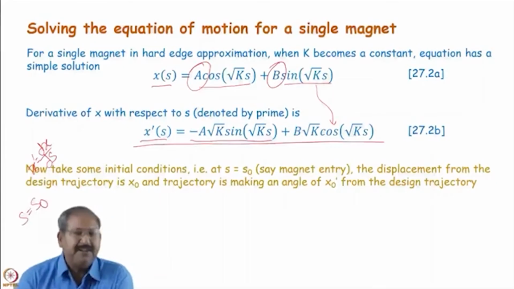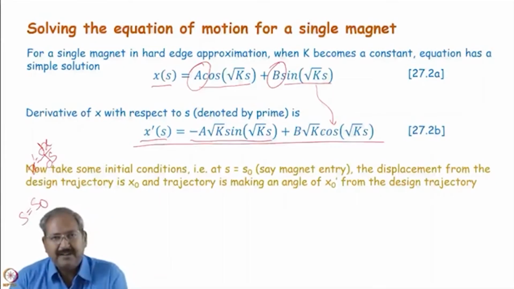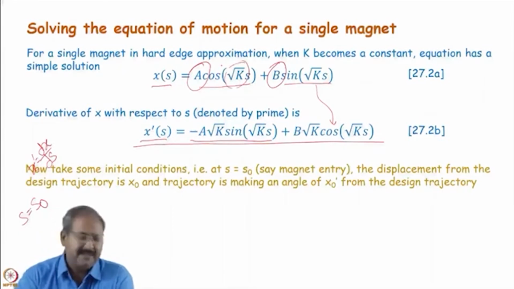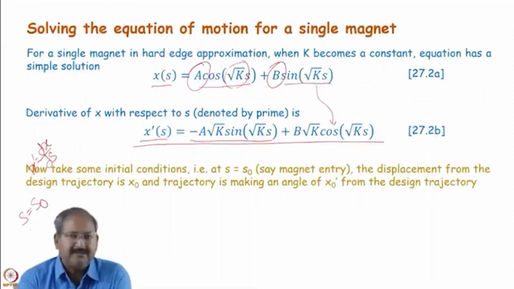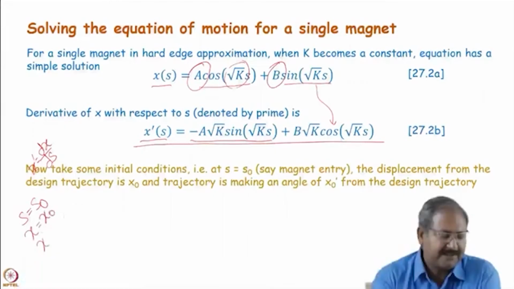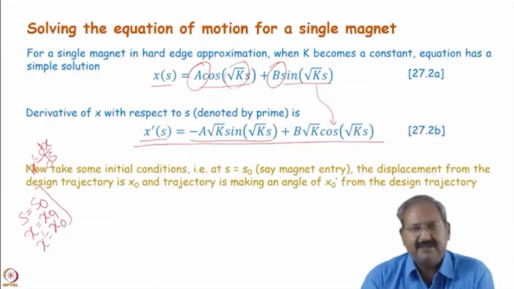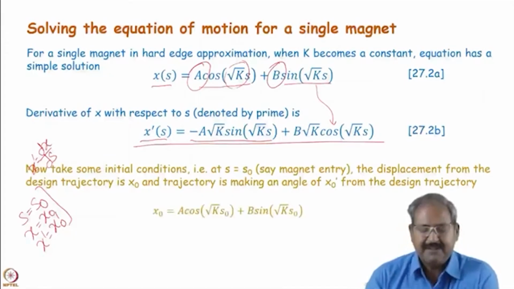It is our beginning point when the particle enters inside the magnet and starts feeling the force designated by this K. So at that location, at the beginning, x is equal to x0 and x prime is equal to x0 prime. These are our initial conditions at s equal to s0, at the beginning of the magnet.